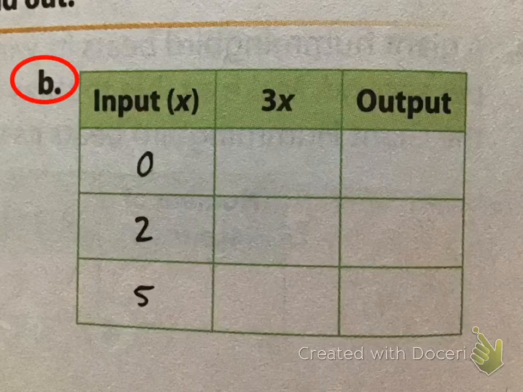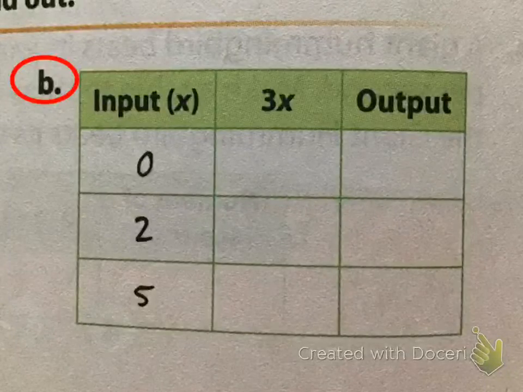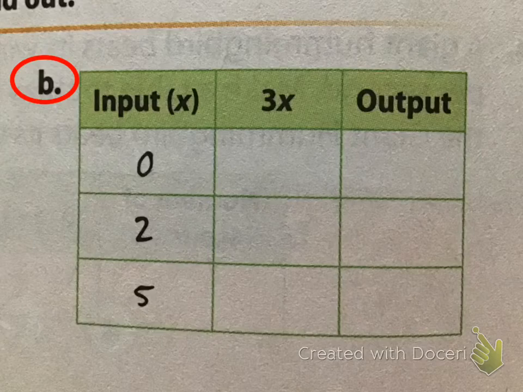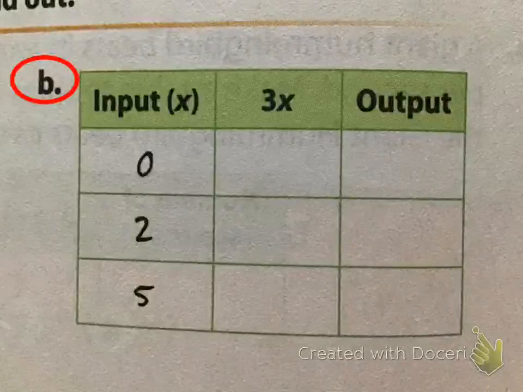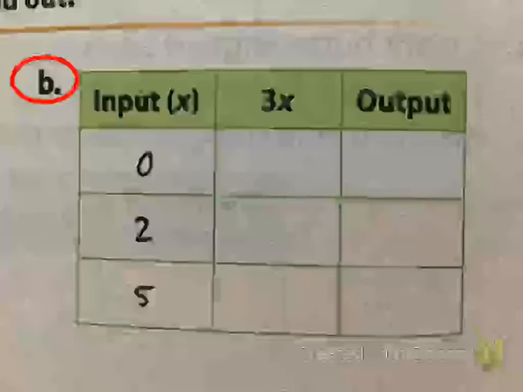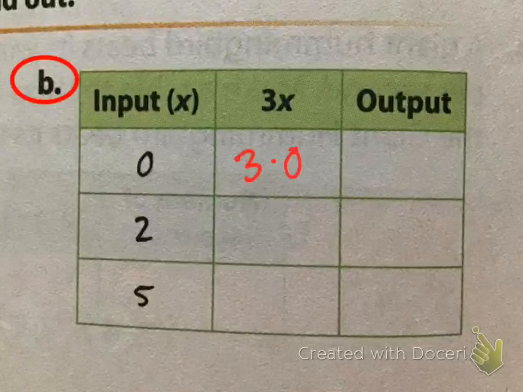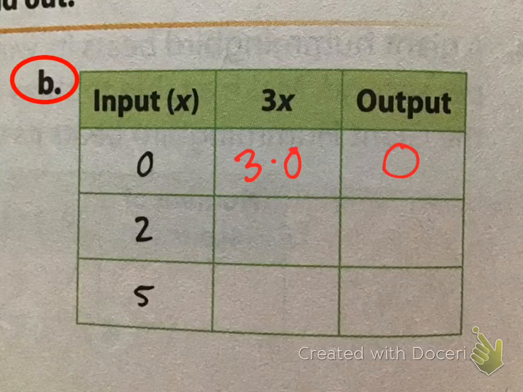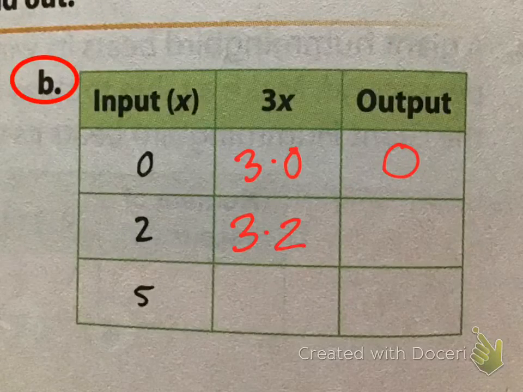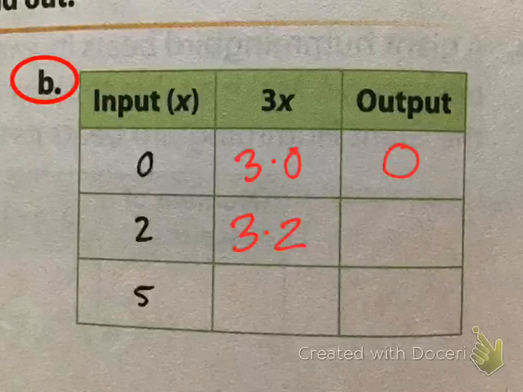This next one, we have 3x. So what is our first answer? Lily. Perfect. So 3 times 0, we get 0. This next one, we've got 3 times 2. So then what is the answer then?